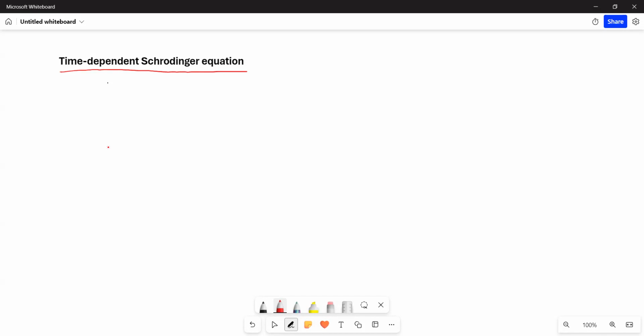So this Schrodinger equation is a fundamental equation in quantum mechanics, like Newton's equations of motion in classical physics. Now, here, we are going to derive the one-dimensional time-dependent Schrodinger wave equation for a free particle.